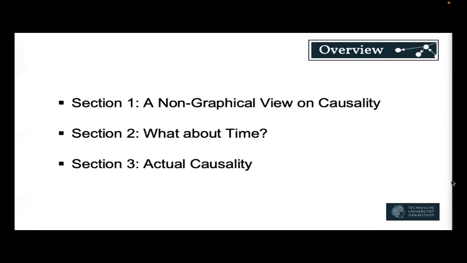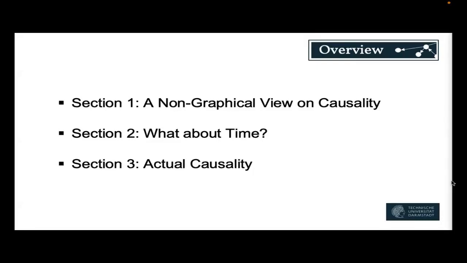Content-wise, we have 3 sections we want to cover. It's 3 frameworks of causality, which are alternative to Perl. The first one is going to talk about a non-graphical view on causality. At this, we have actually hinted starting from the very first lecture. And the way we have also introduced Perl was to ease up the discussion of this part.